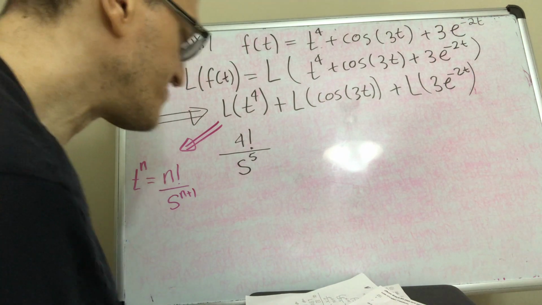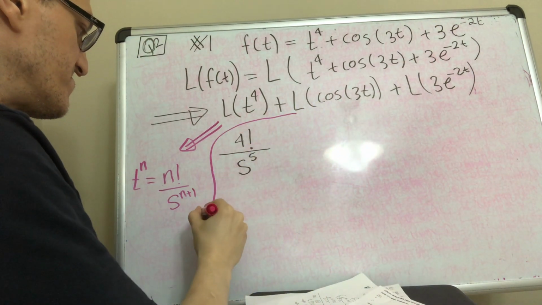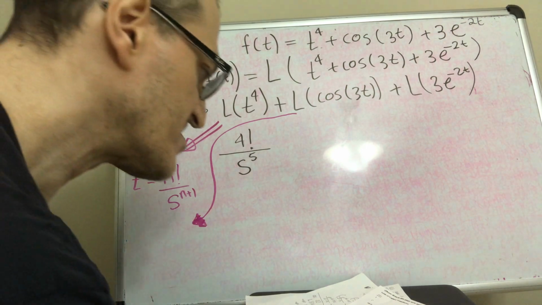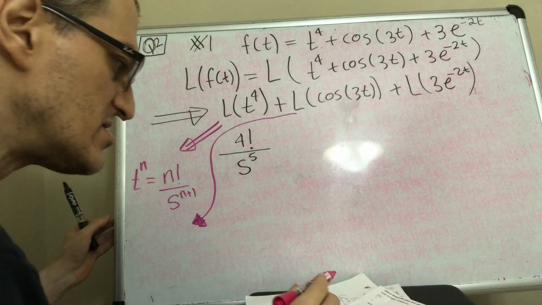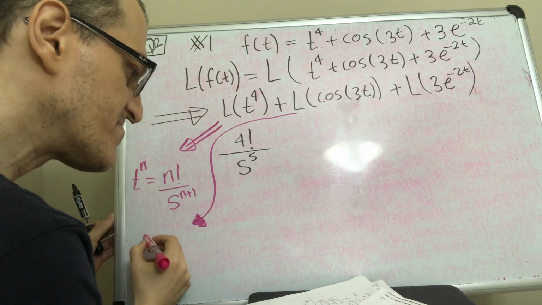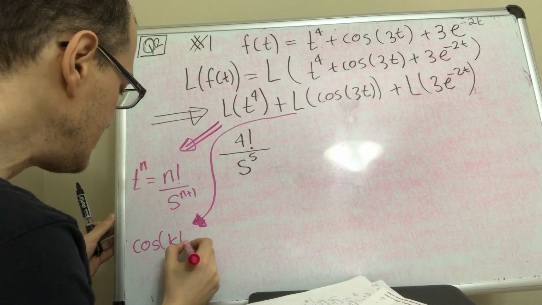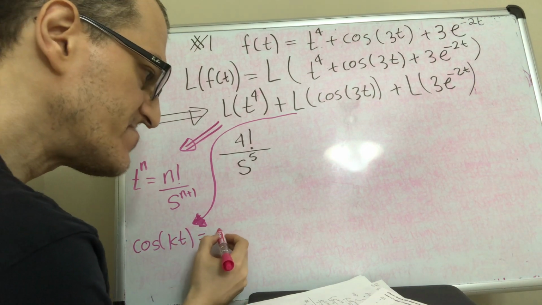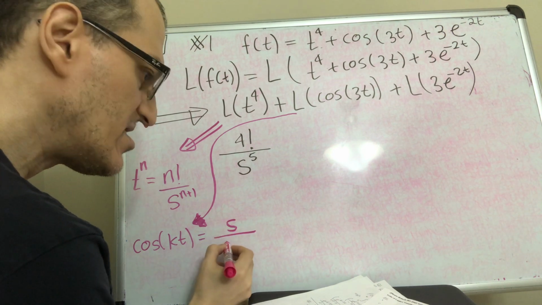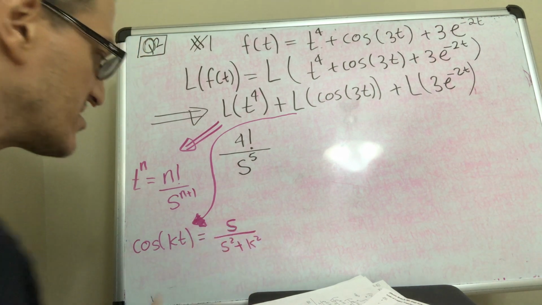For cosine, I'm going to use the rule, and it's number 5, cosine of kt, you have s over s squared plus k squared.